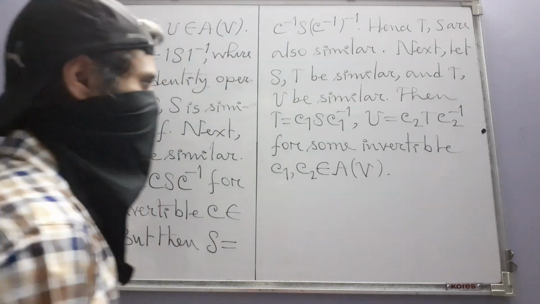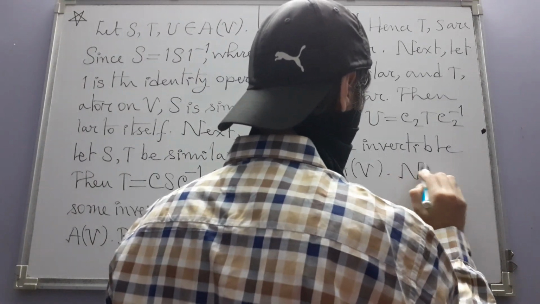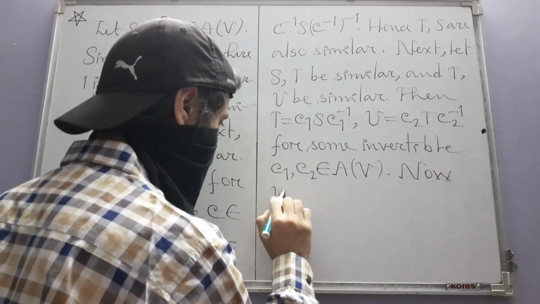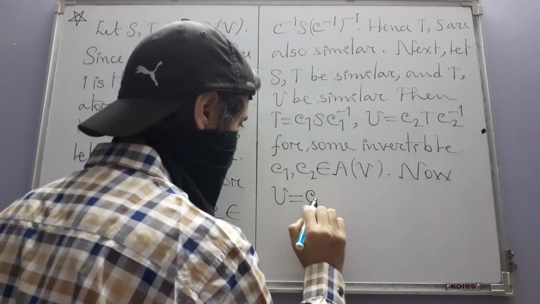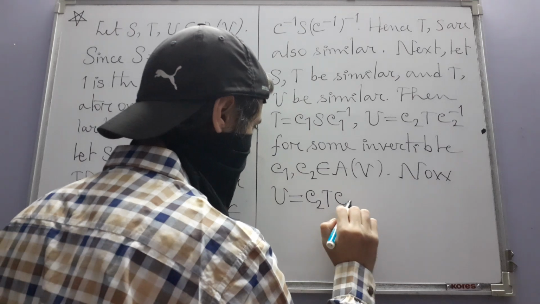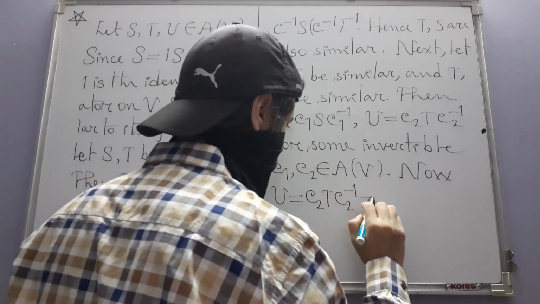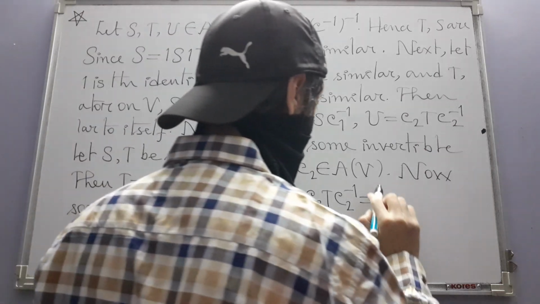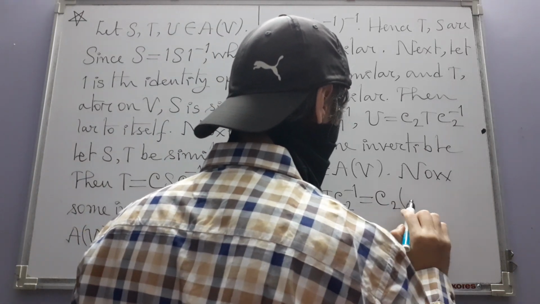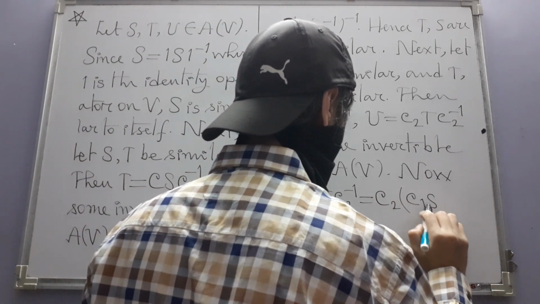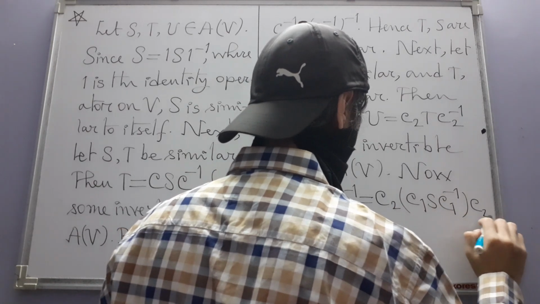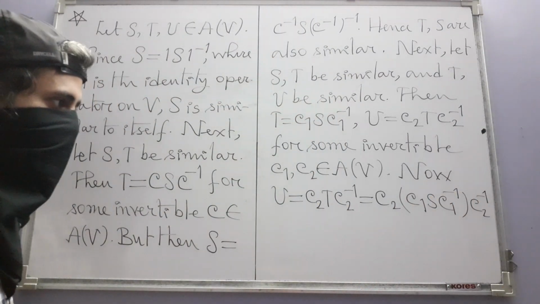Okay. Now, start with the second equation. U is equal to C2 T C2 inverse. In place of T, you can substitute this. So you get C1 S C1 inverse, C2 inverse.